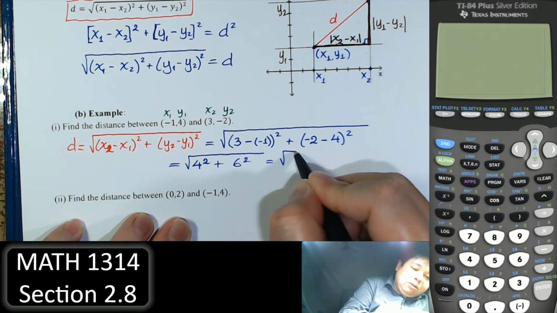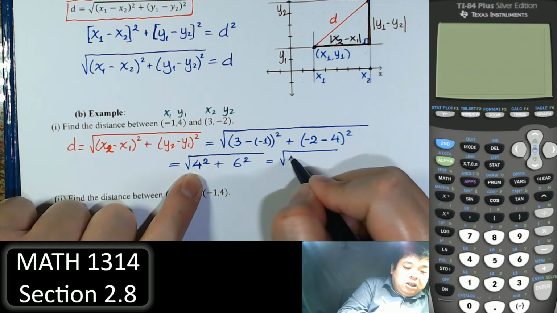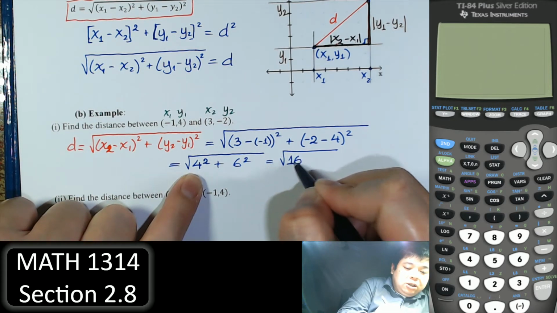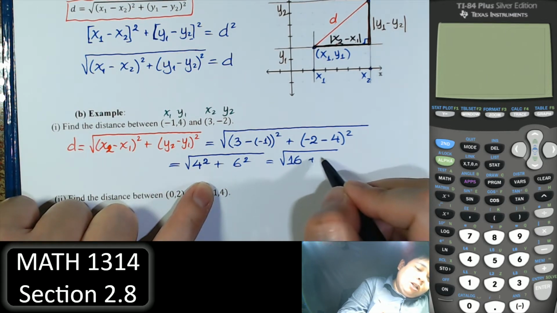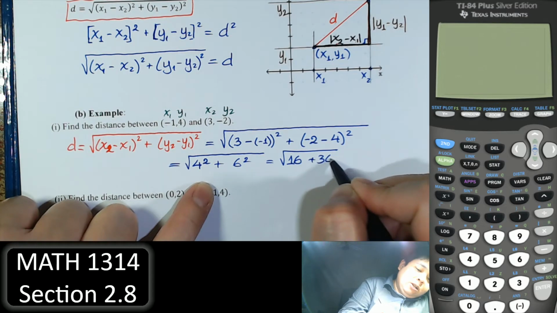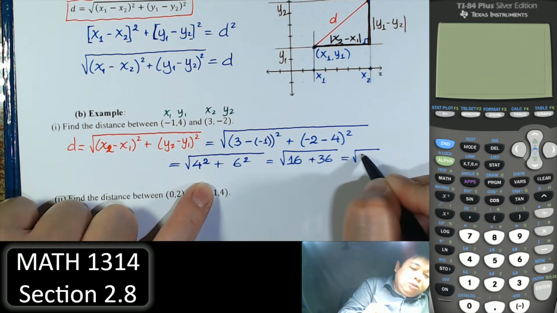So we have 4 squared is 16, 6 squared is 36, so just the square root of 52.